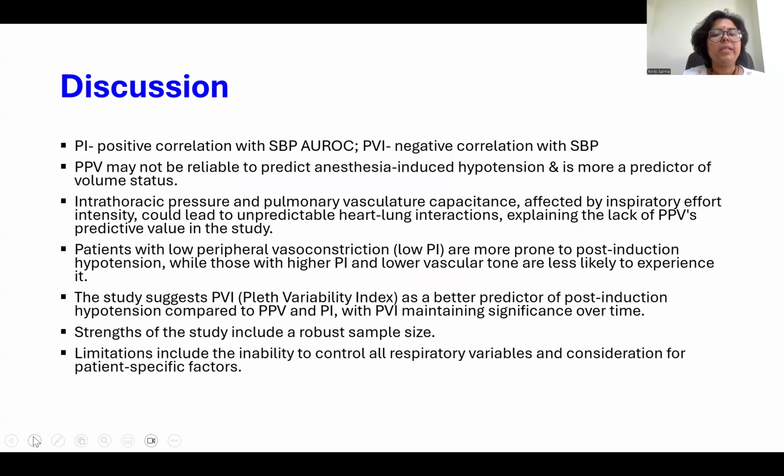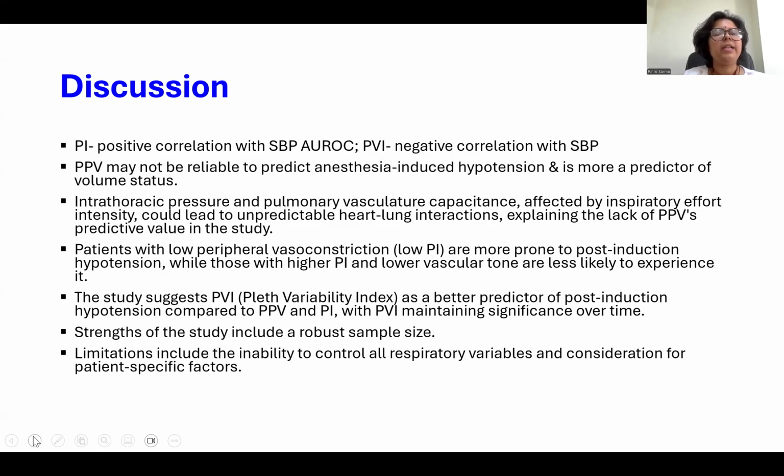So, from this study, it was found that the perfusion index has a positive correlation with the systolic BP, and the pleth variability index had a negative correlation with the systolic BP. The pulse pressure variability may not be reliable to predict anesthesia-induced hypotension and is more a predictor of volume status.